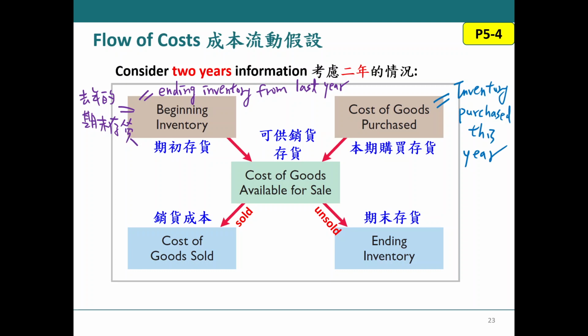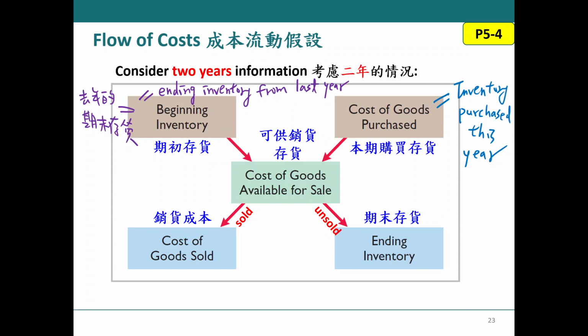Okay, so based on the first day, I have inventory from last year, plus the inventory I purchased this year. So could you tell me how much inventory I have right now? The beginning inventory I have plus the inventory I purchased this year.